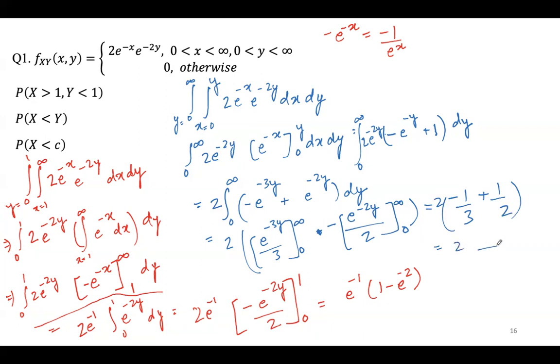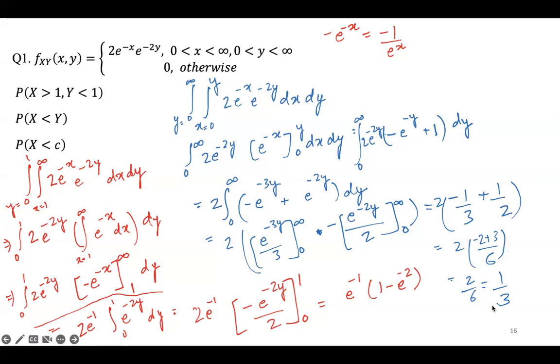So it's going to be 2 over 6. This is going to be minus 2 plus 3, so 3 minus 2, that's 1. 2 by 6, that's equal to 1 by 3. Okay, this is the second expression.